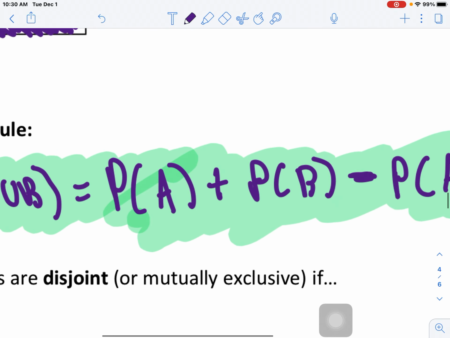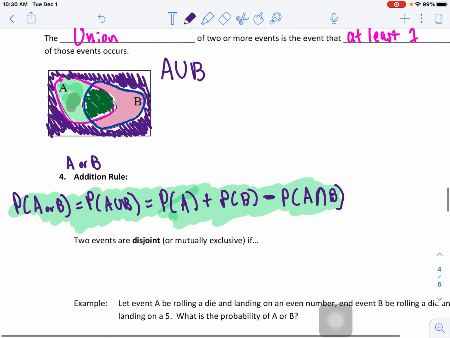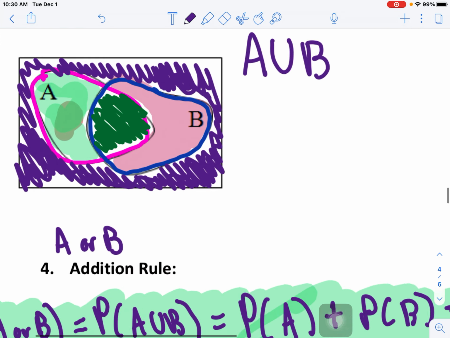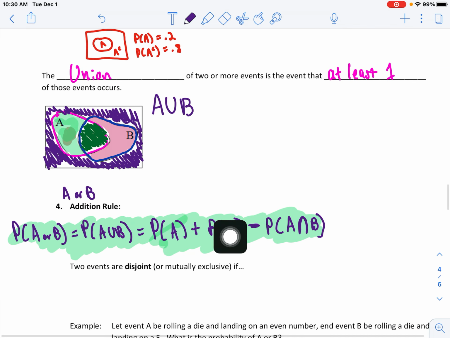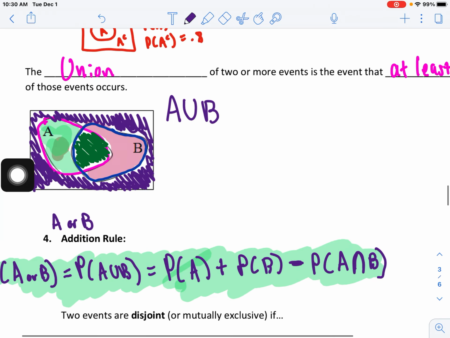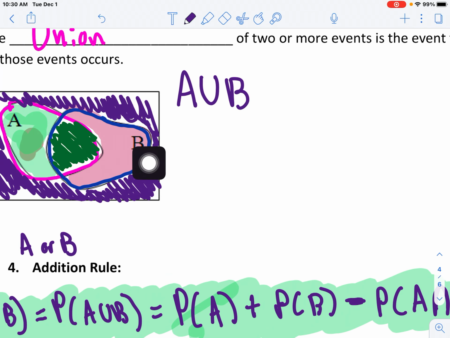If I asked you, what is just the probability of A? Just the probability of A is what's inside the pink circle, right here. If I ask you what's the probability of B, it's what's inside the blue circle.